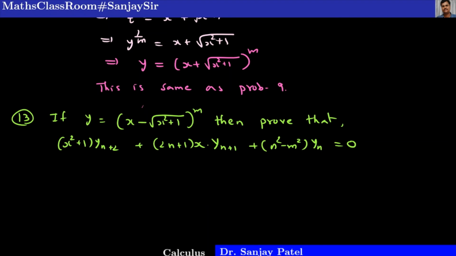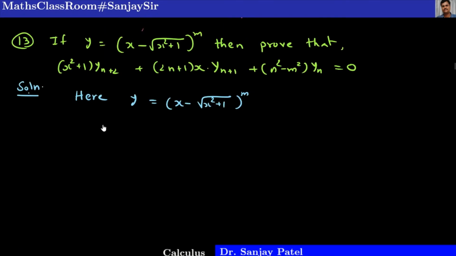First of all, let us consider the given function, and we'll find the second derivative of this and obtain a relation between y1 and y2.